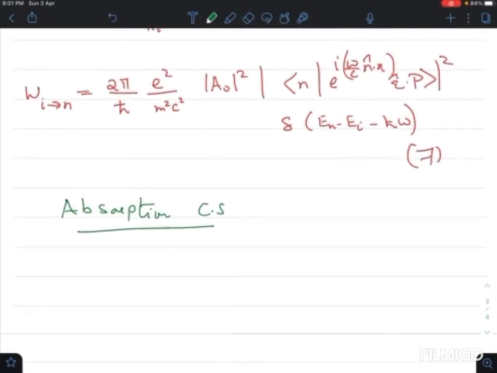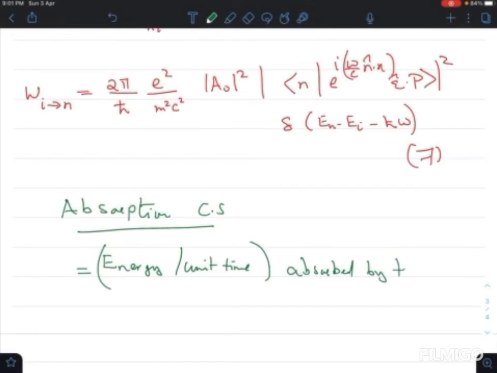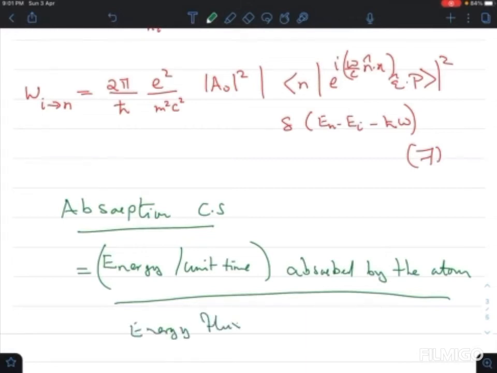It is given as equal to energy per unit time absorbed by the atom, and that we know it is from i to n, divided by energy flux of the radiation field.